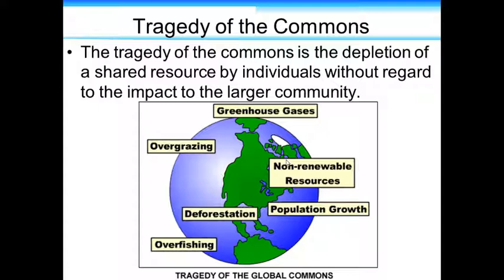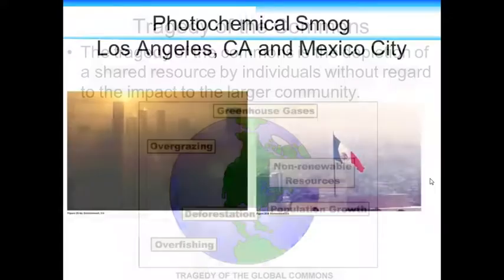So if there's a shared resource like the ozone layer, perhaps overfishing is a better example. If someone overfishes up here, they're not as aware of how that may impact other areas. And so as a global community, we really need to be aware of any shared resource and how, even if we may not be responsible for it, it does impact us as a global community.